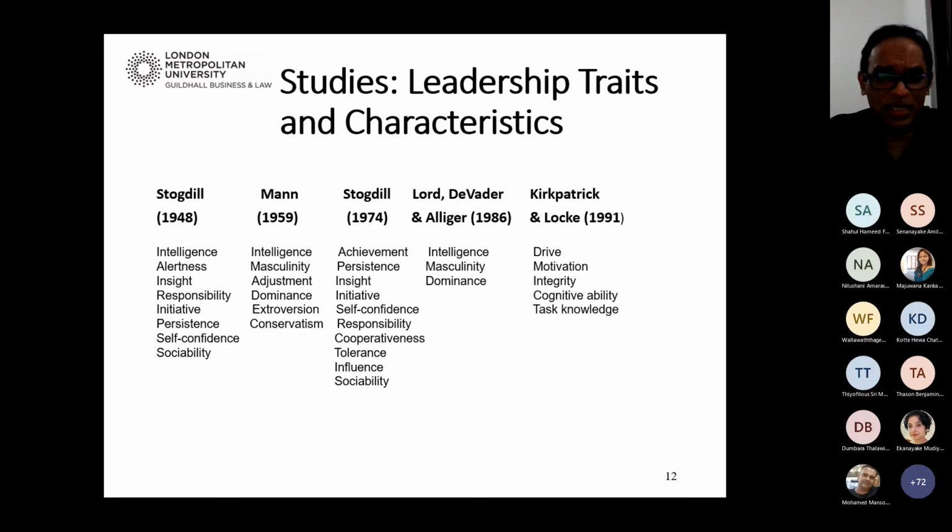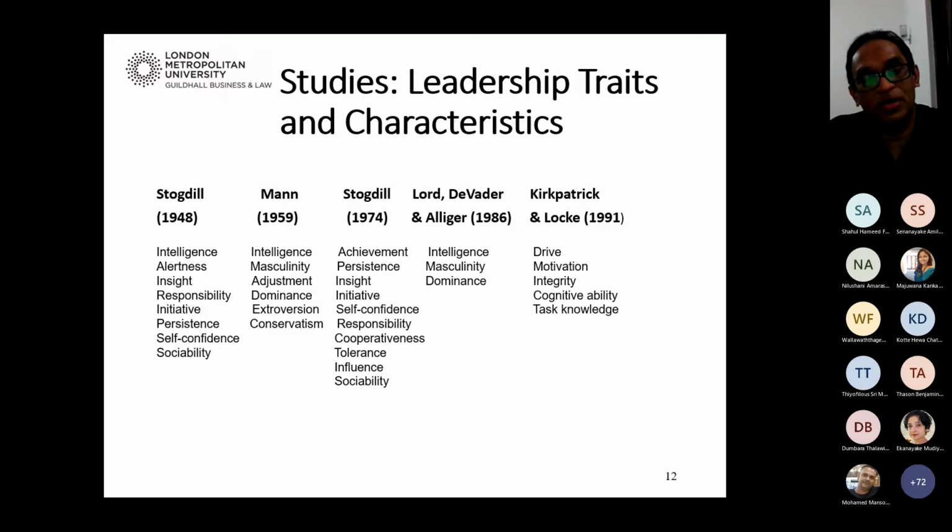His research came out with traits like intelligence, alertness, insight, responsibility, initiativeness, persistence, self-confidence, and sociability as the traits at that time. Then another researcher called Mann in 1959 listed intelligence, masculinity, adjustment, dominance, extraversion, and conservatism.